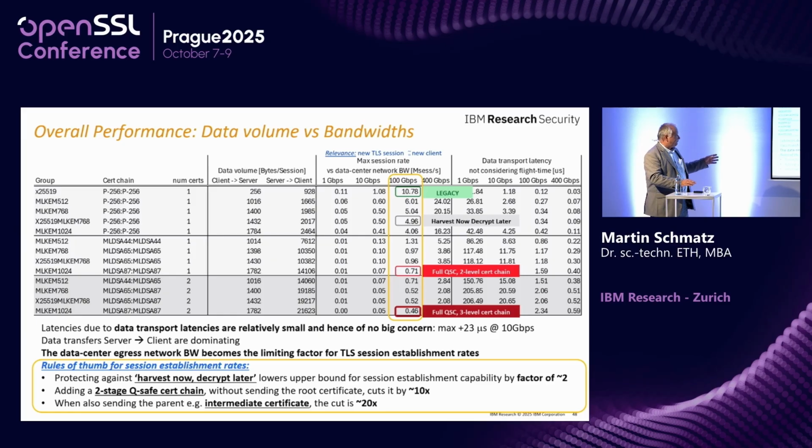Now, if you have two-stage certificate chains, now on top of just the key agreement, also authentication protection with Q-safe algorithms, then we talk about 10x. And if you're having a multi-chain certificate, or you also send the root certificate, then we talk about more like a 20x. So that is significant for certain use cases where the number of fresh sessions by far exceeds the amount of data that is transferred.